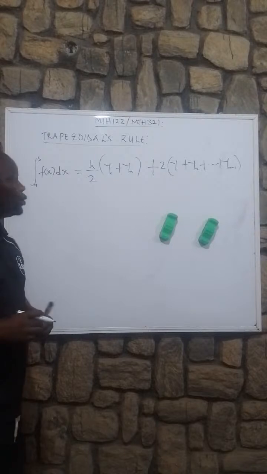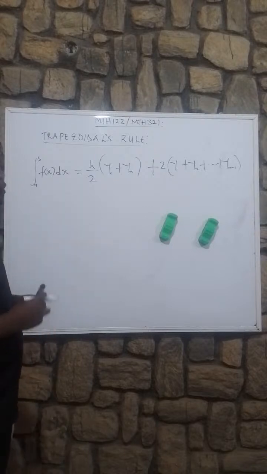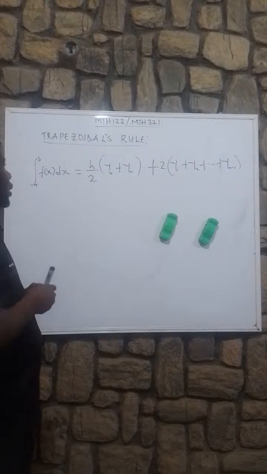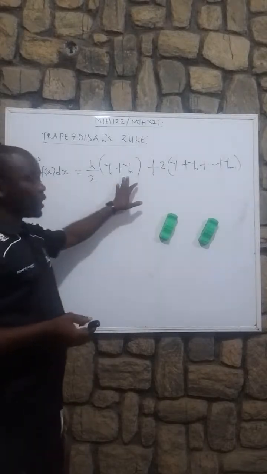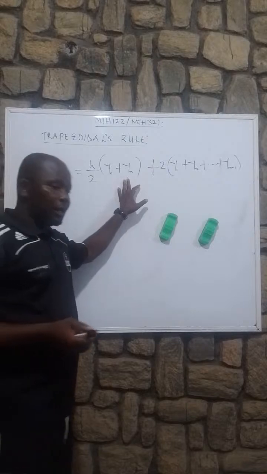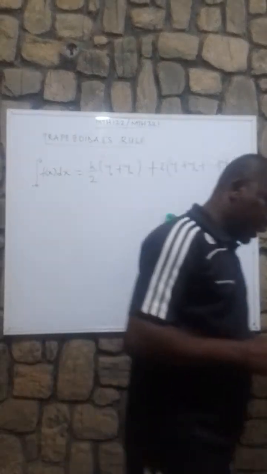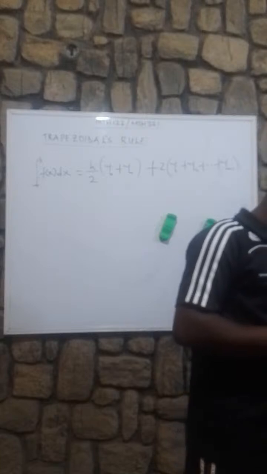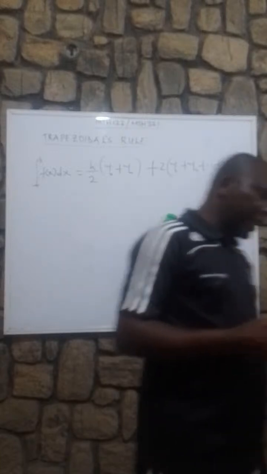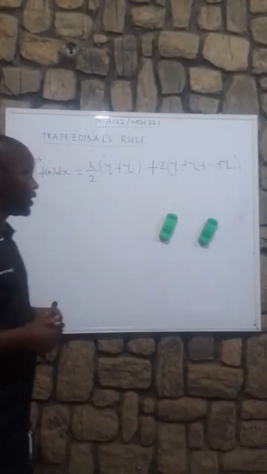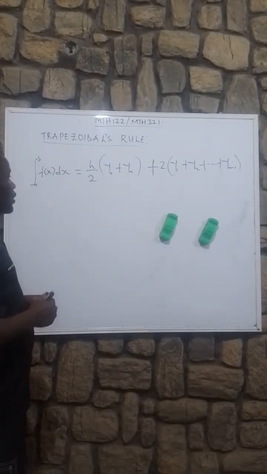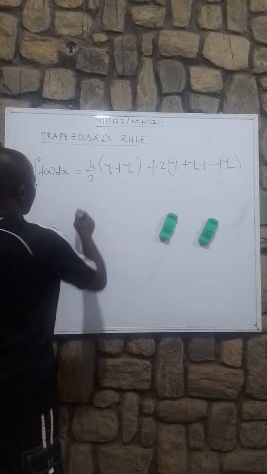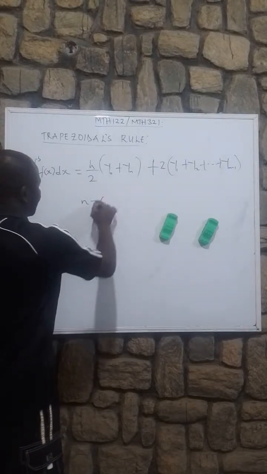This is the trapezoidal rule, and this is the formula. So now, assuming they said six intervals. It means, as they stated here, 6 intervals, so your n is equal to 6.